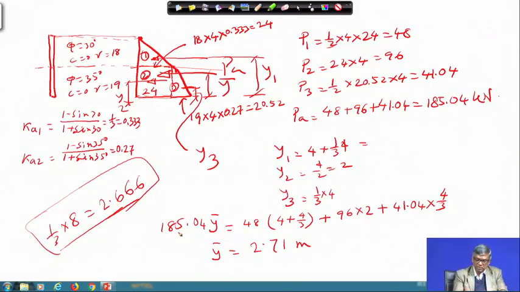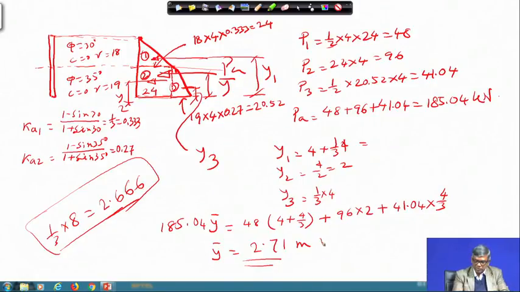Because of all this calculation, we find that the point of application is at a height of 2.71, slightly, actually 0.1 meter, above.